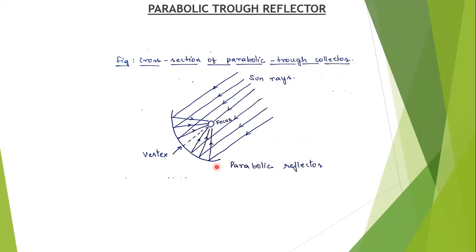The side of the parabola which is on the north side is somewhat raised up, so that the collectors are sloped. All the collectors are sloped facing south, just like flat plate collectors. The slope angle will be changed periodically because we are rotating the parabolic reflector.